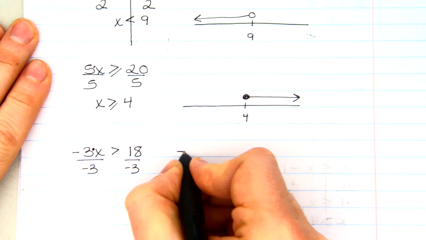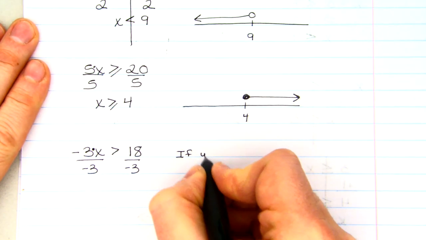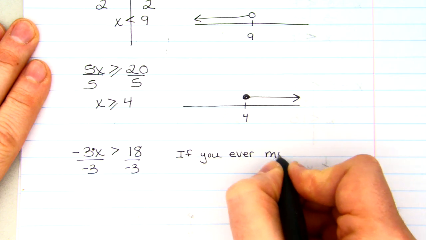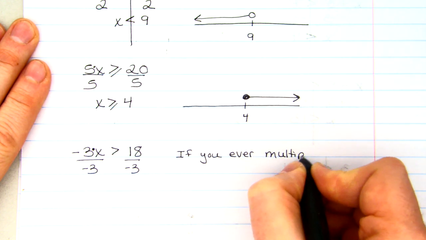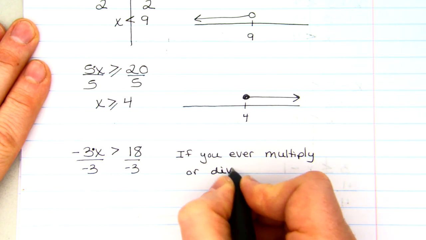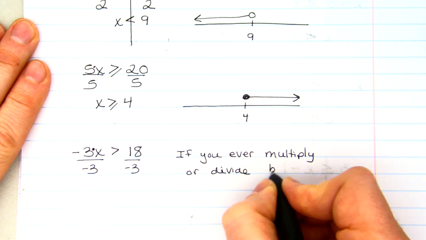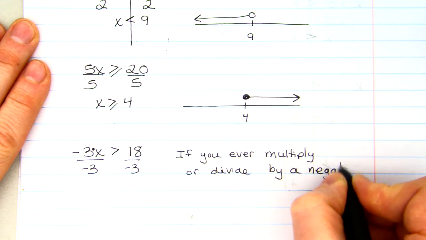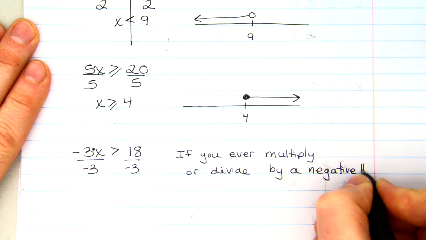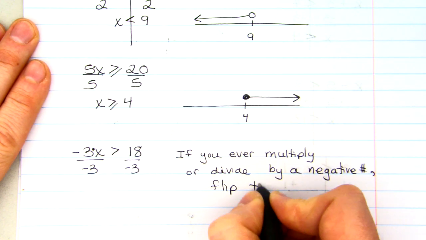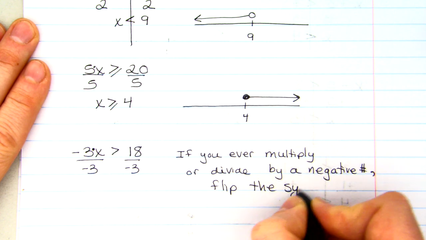Let me write that down. If you ever multiply or divide by a negative number, you have to flip the symbol.